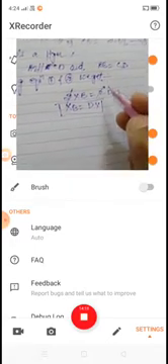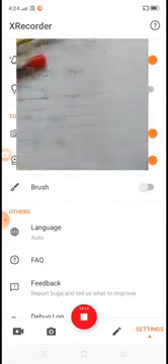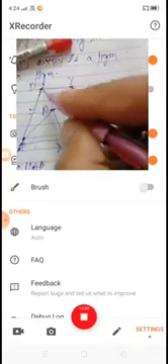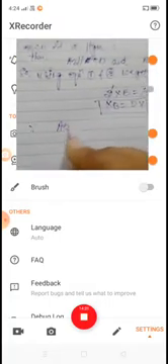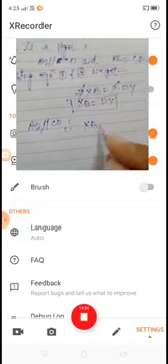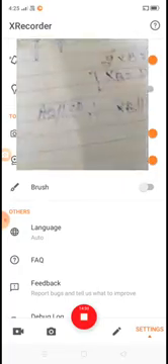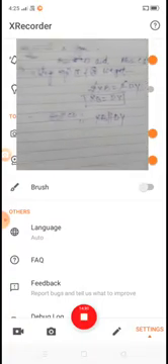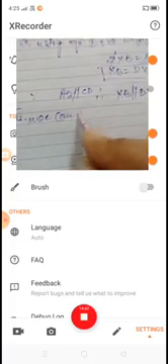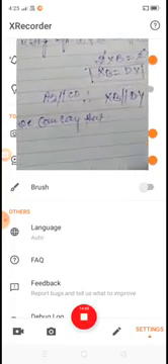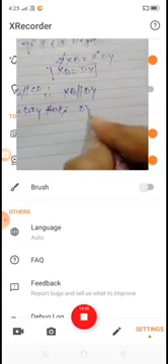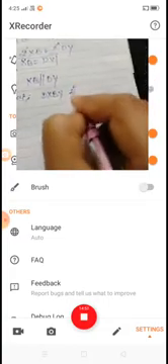We have XB is equal to DY, and since AB is parallel to CD, we have XB also parallel to DY. Thus we can say that DXBY is a parallelogram.